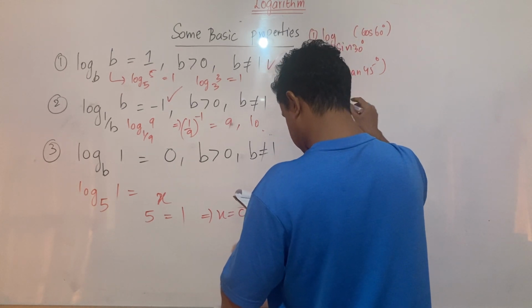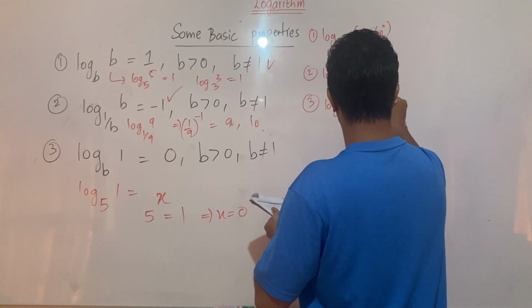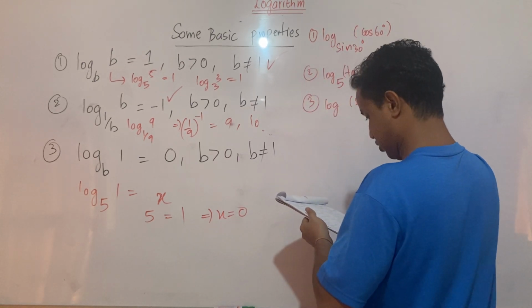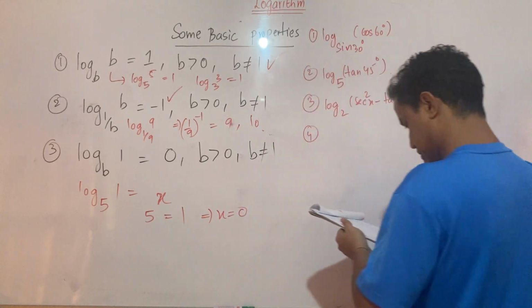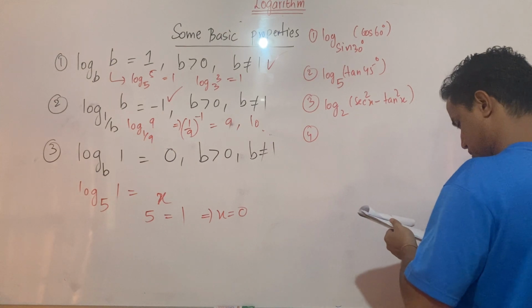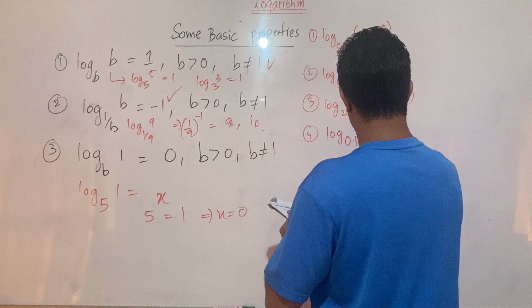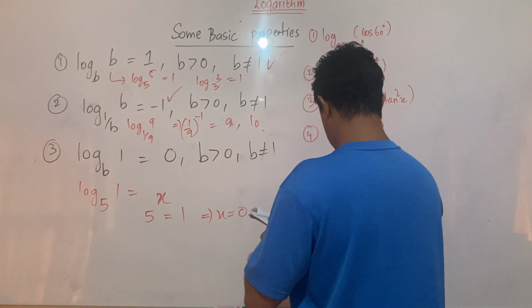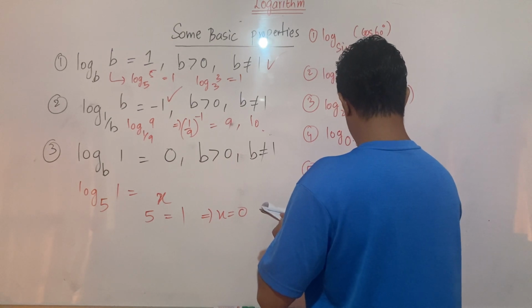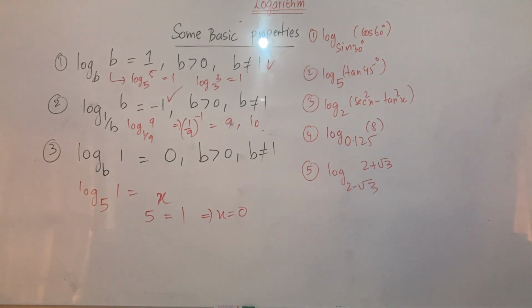Number 3 is log of secant square x minus tan square x to the base 2. Number 4, log of 0.1258. Number 5, log of 2 plus root 3 to the base 2 minus root 3. Okay, so let's start with number 1.